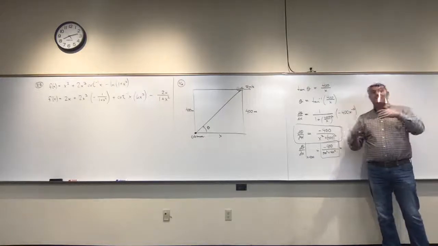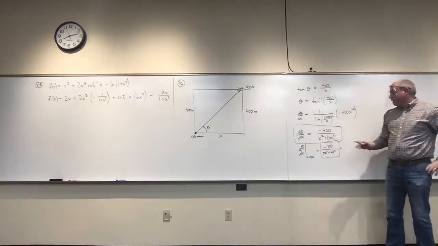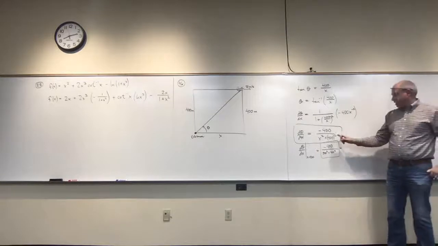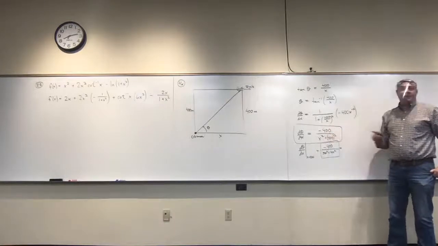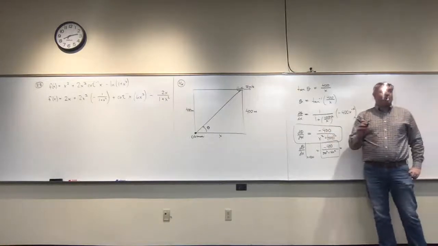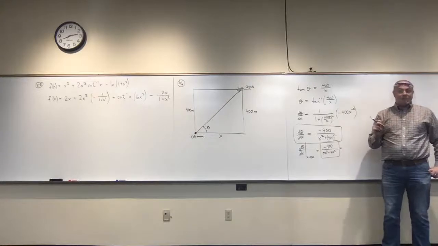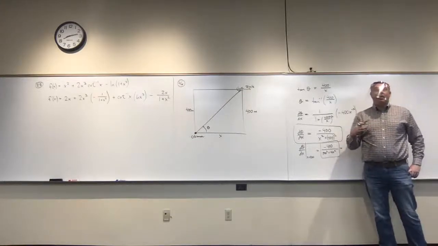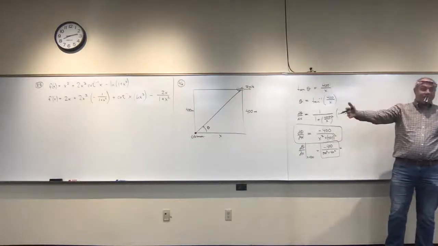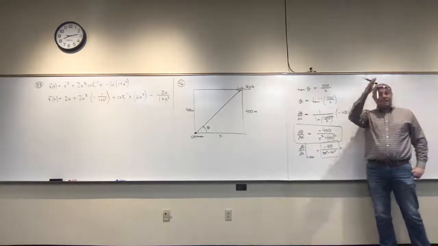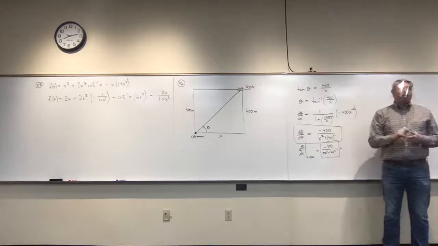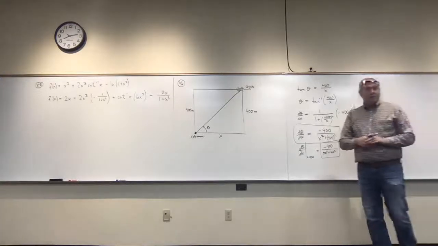So that could be the biggest positive, the biggest negative, but it's going to be the biggest negative, right? Because in this case, this thing is always positive on the bottom and always negative on the top. So this thing is always having a negative change. So it's kind of saying, where is it the biggest negative that it could be? So just graph it and see where it is kind of the lowest on the graph using your calculator. Okay?